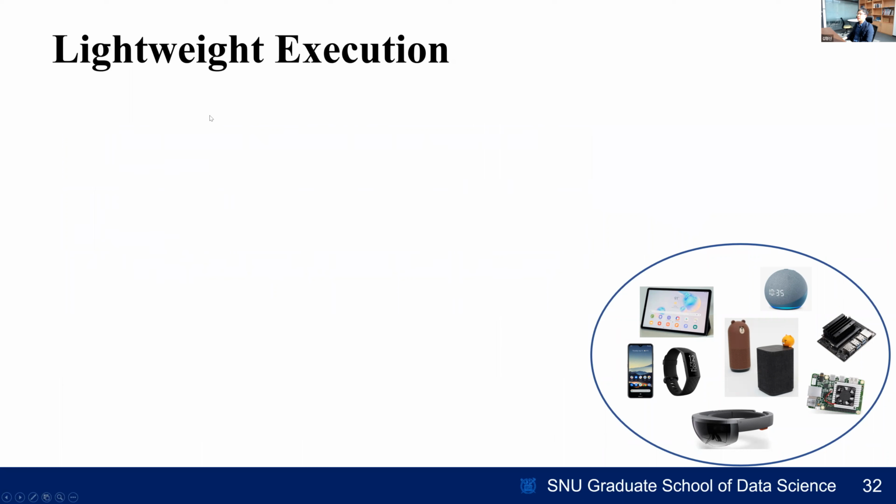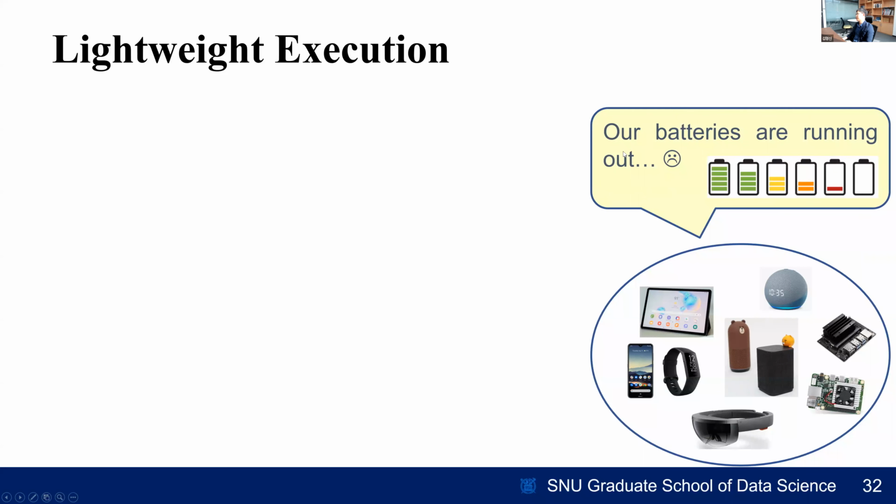The next topic is lightweight execution. We assume that we have a well-performing deep learning model. So it is not about training or making a brand new deep learning model, but we just use a given deep learning model. But running the model frequently causes significant battery consumption, right? These edge devices are battery powered, and if the battery runs out, it's bad.